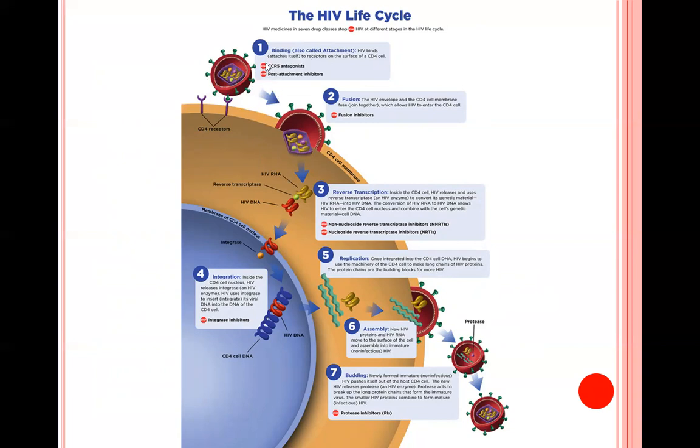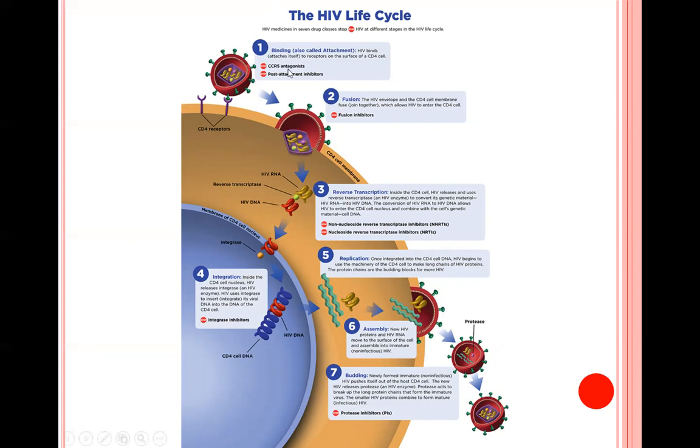And the other thing that I really like about this slide is that these stop signs, here, here, here, are all areas where different antiviral medications help patients who have been exposed to HIV. They stop different areas of the process of the life cycle of the HIV.